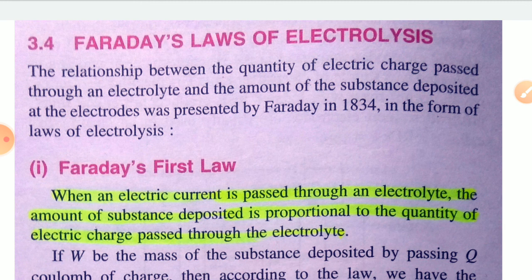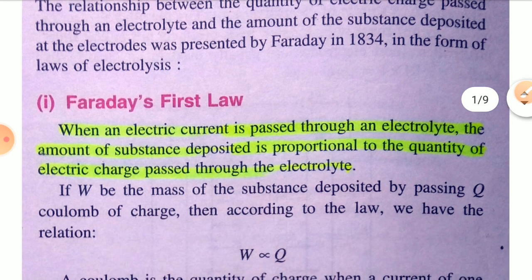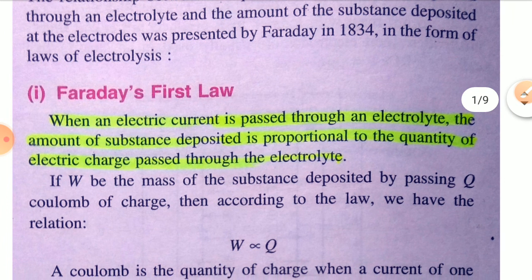So, the first law of electrolysis is Faraday's first law. It can be defined as: when an electric current is passed through an electrolyte, the amount of substance deposited is directly proportional to the quantity of electric charge passed through the electrolytic solution.